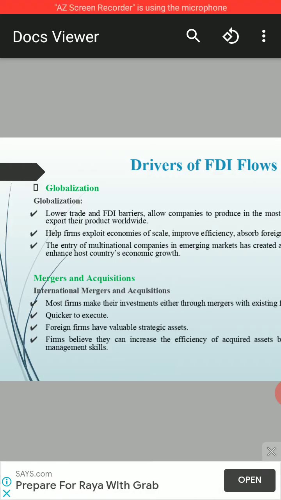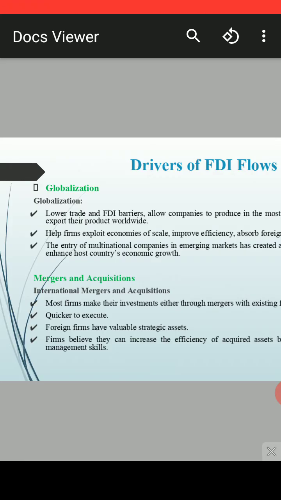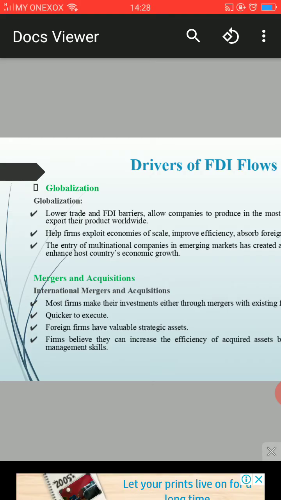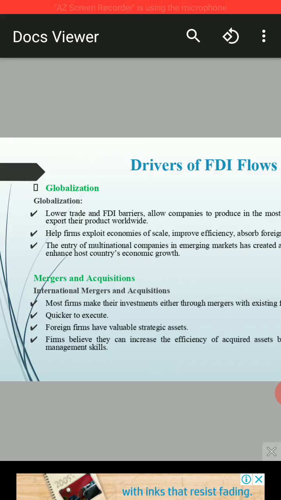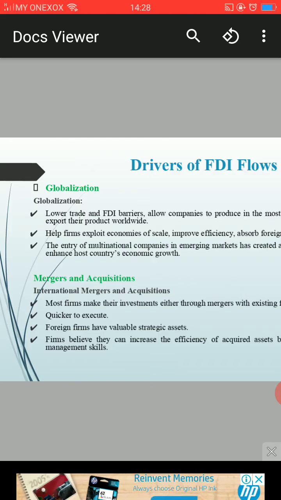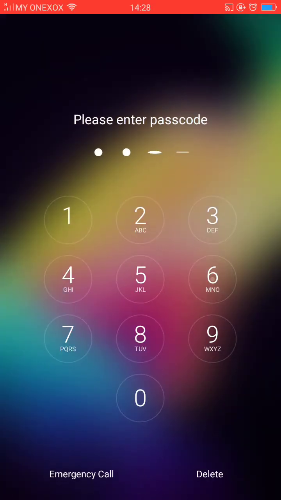Another reason for the merger and acquisition is that they believe they can increase the efficiency of the acquired asset by transferring capital, technology, or management skill. The company is good, but some of it has some problems. Maybe their product is outdated, they have poor technology, or they are heading toward bankruptcy.